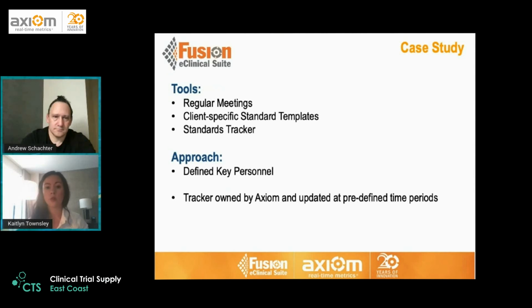In our case, we revisited the standards at the beginning of every study to make sure everything was aligning with the standards, and then also at the end to see if we had to make any mid-study changes that impact our standards, maybe how we managed it for this project relative to the standards. But making sure that there is a designated team responsible for that. So it was tracked by Axiom, and then the sponsor was overseeing, in this example, to ensure that that was happening as well.